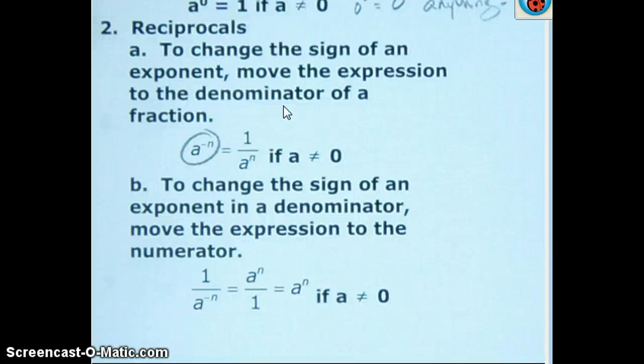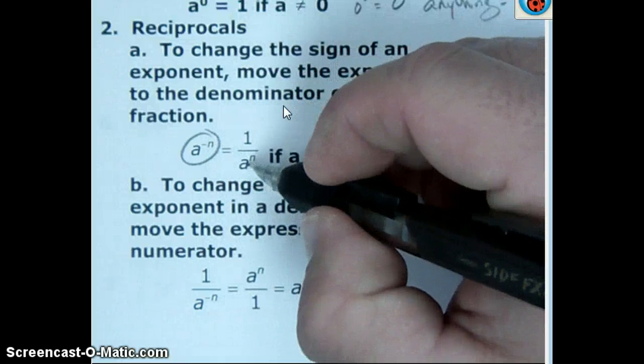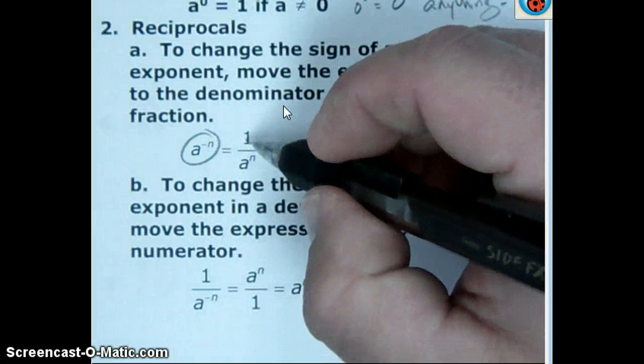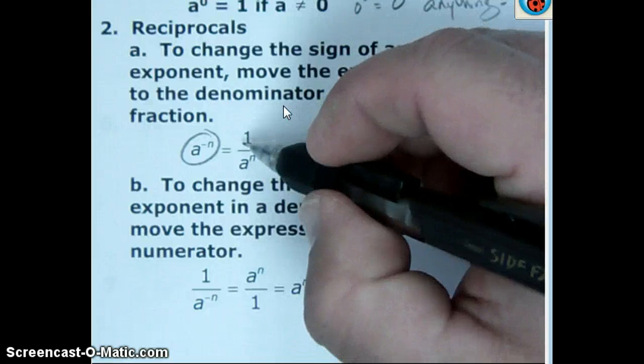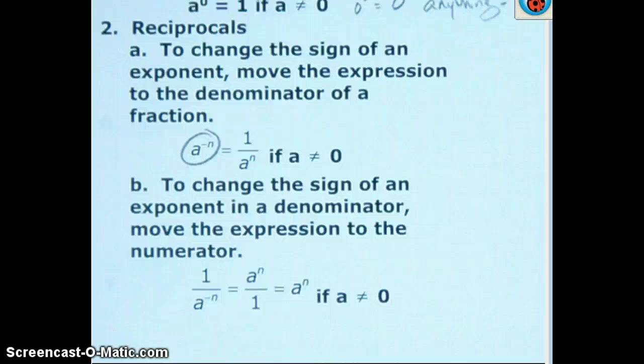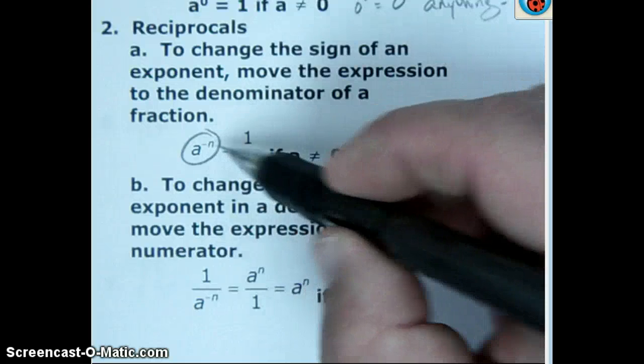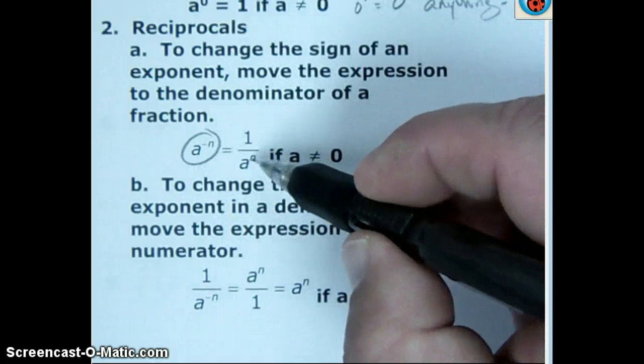Basically what you need to know is if you have negative exponents, you need to put them on the other side of a fraction. Alright? I have a different kind of trick to tell you whenever we get to that point. But for right now, negative exponents, you got to put them at the bottom of your fraction.